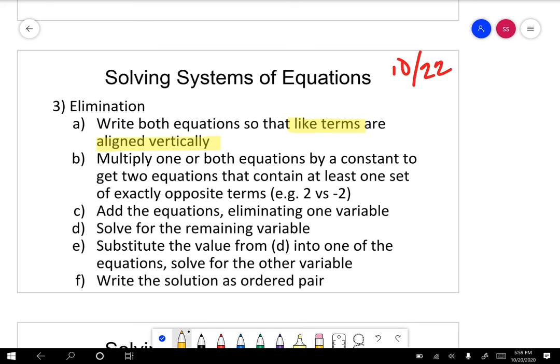Okay, so vertically meaning up and down. Like terms, just to remind you, are terms that have the same variable raised to the same power.